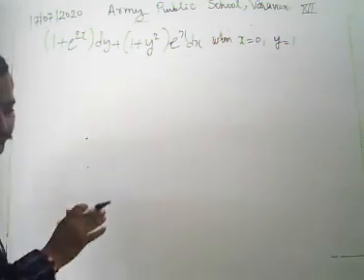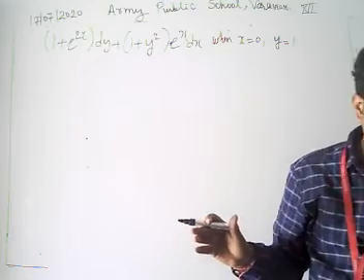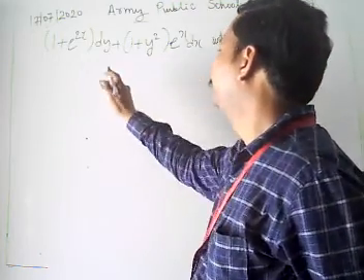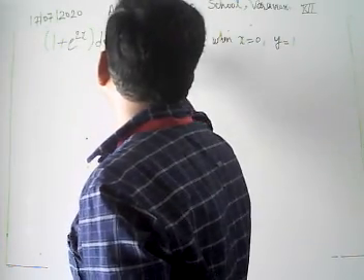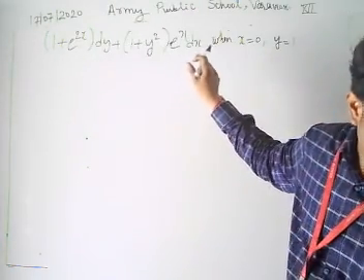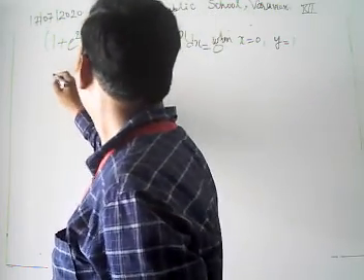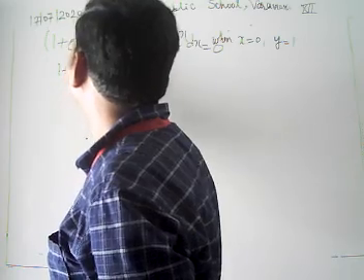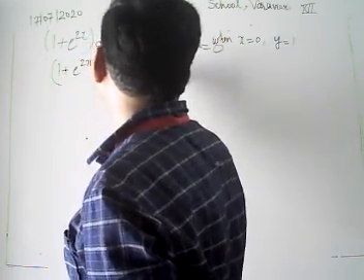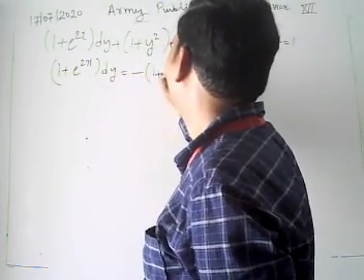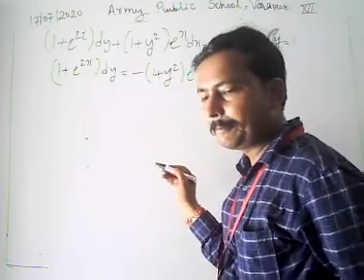Look what we will do. We are going to use the variable separable method. Then 1 plus e to power 2x dy plus 1 plus y square e to power x dx is equal to 0. So 1 plus e to power 2x dy is equal to minus 1 plus y square e to power x dx.